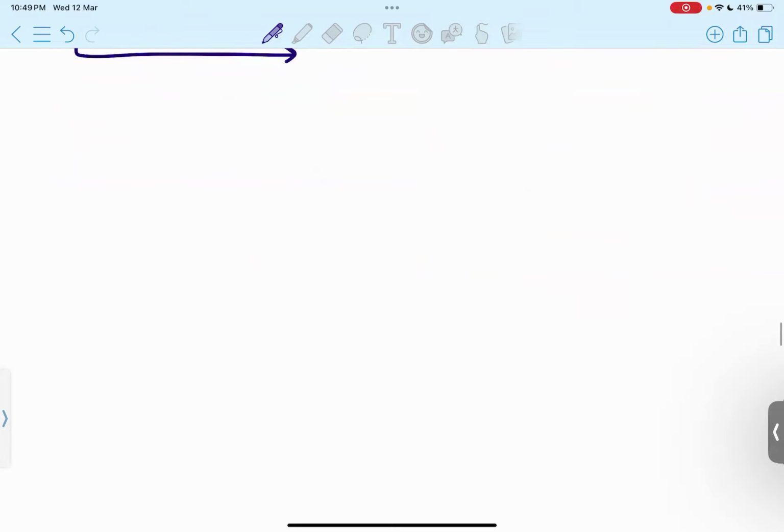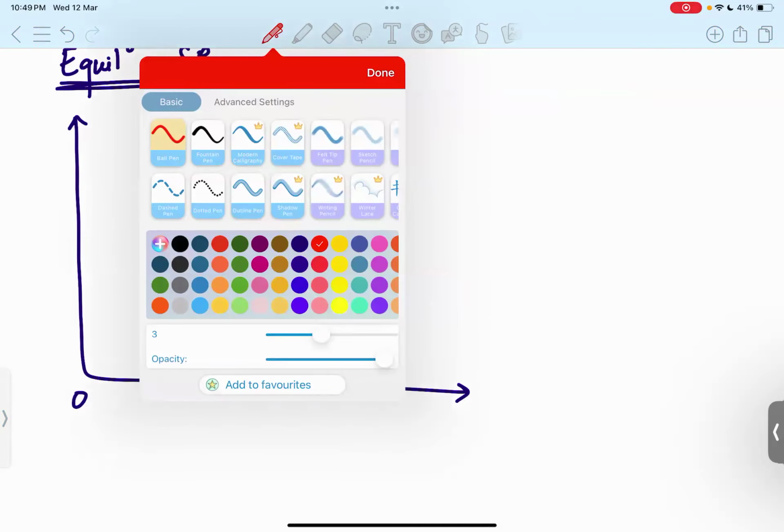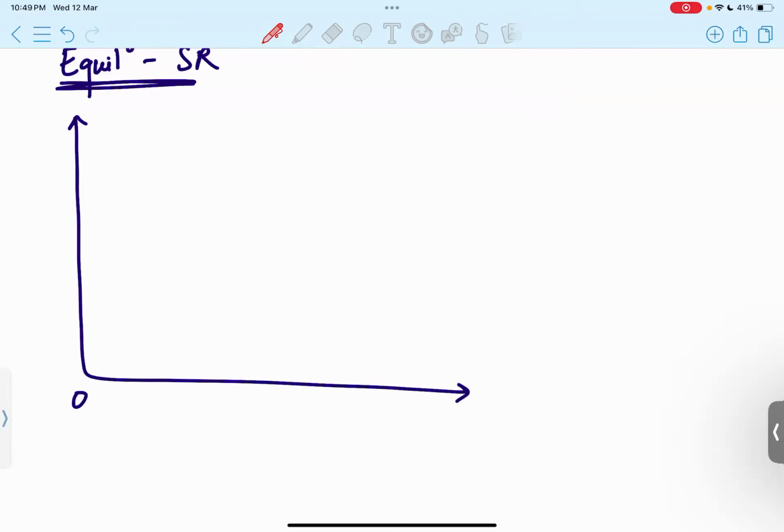Now we'll move forward with, firstly, equilibrium under short run conditions, again as proposed by Chamberlin. This is a little interesting and it can be confusing also. So here we will draw graphs with different colors so that we are clear with the idea. This is one of the perceived demand curves.